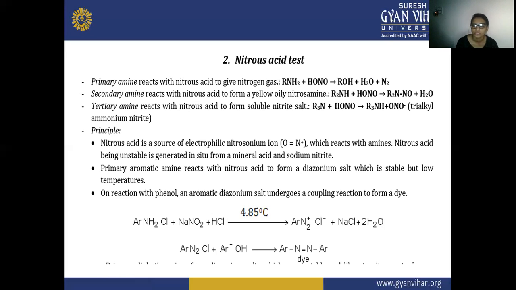So in the case of a tertiary amine, the tertiary amine reacts with this nitrous acid, and there is a formation of a soluble nitrite salt. That is your R3N. This is a tertiary amine, and when it reacts with this nitrous acid, after that there is a formation of this trialkyl ammonium nitrite.